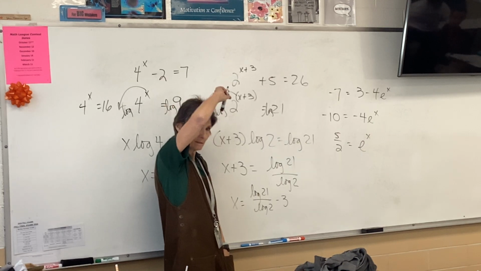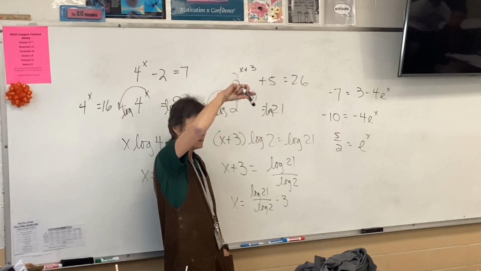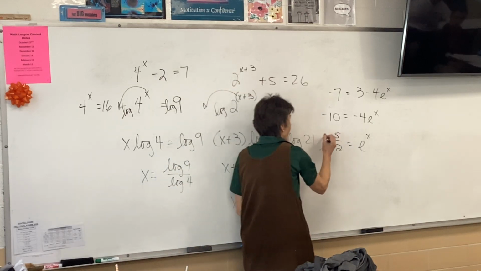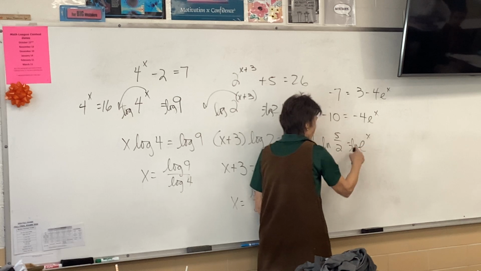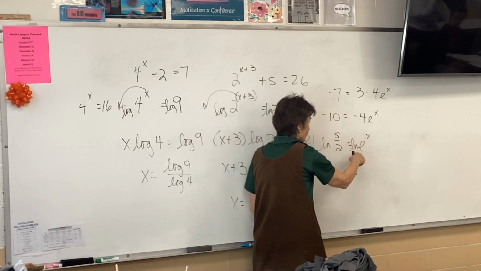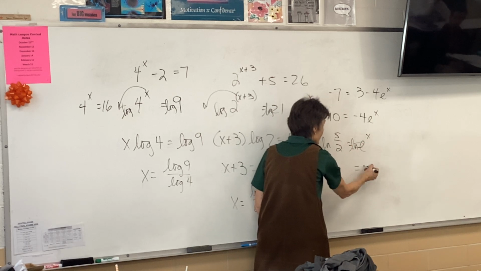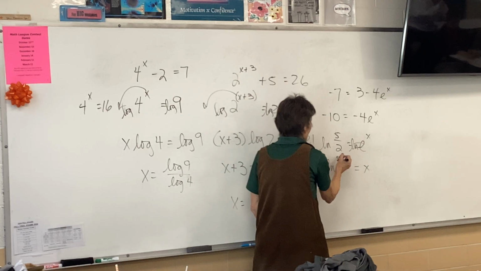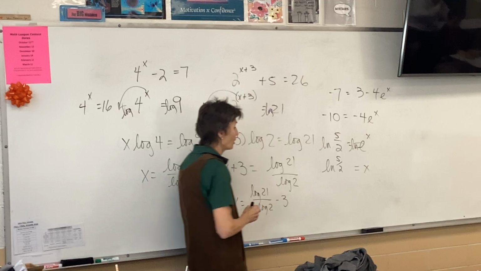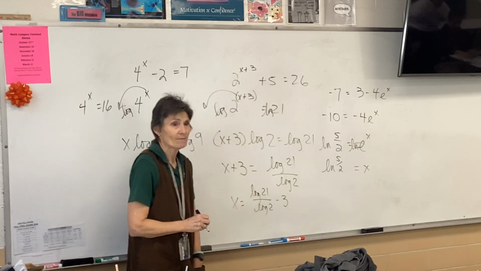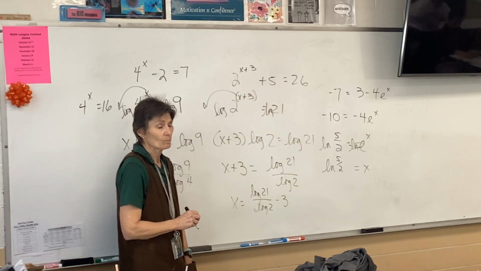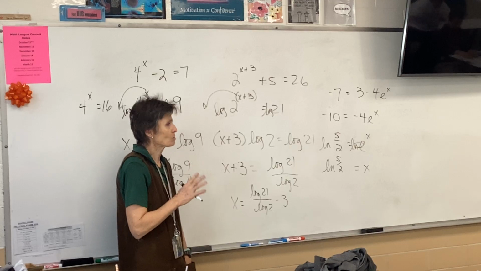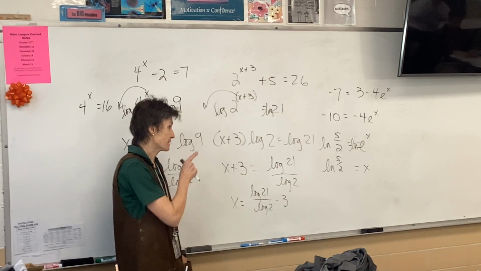I've been logging, and you can still log, but it might be more convenient to ln this one, because what's going to happen right here? That's just going to become x. So your answer is whatever the natural logarithm of 5/2 is. You can get the right answer by logging, it just won't be as fast and as neat.